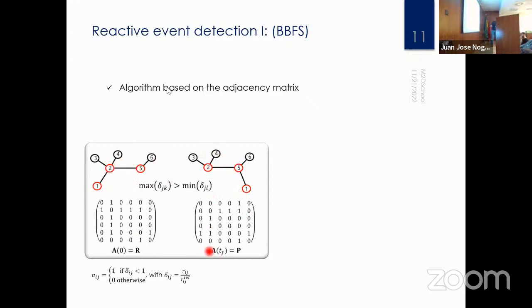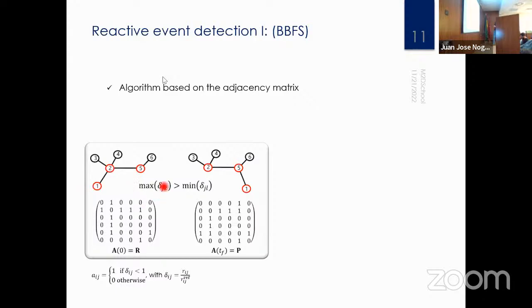So basically we monitor this matrix along the trajectories, and we try to spot a change in one of the elements of the matrix, right? But the point is exactly how to pinpoint the exact location of the transition state. And for that, we use this inequality here that basically says that the maximum distance between J and K, where J runs over all atoms of the system. But now I'm focusing on this reaction here, so let's call J equals 1.